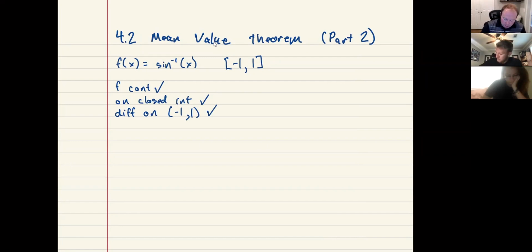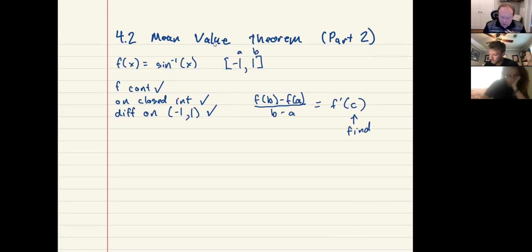And remember that the equation associated with it was that f of b minus f of a divided by b minus a is equal to f prime of c, where c is what we're trying to find. We're trying to find the point c in the interval -1 to 1 where the tangent slope is the same as the secant slope.